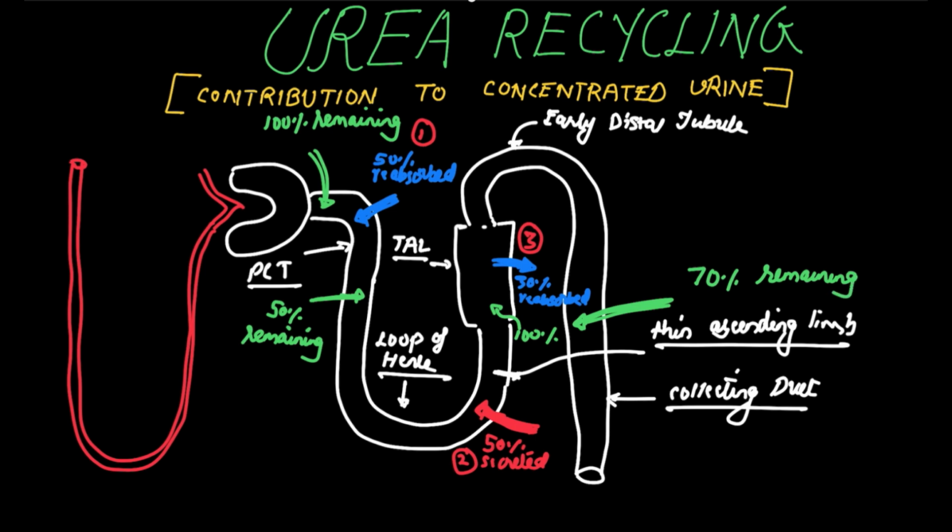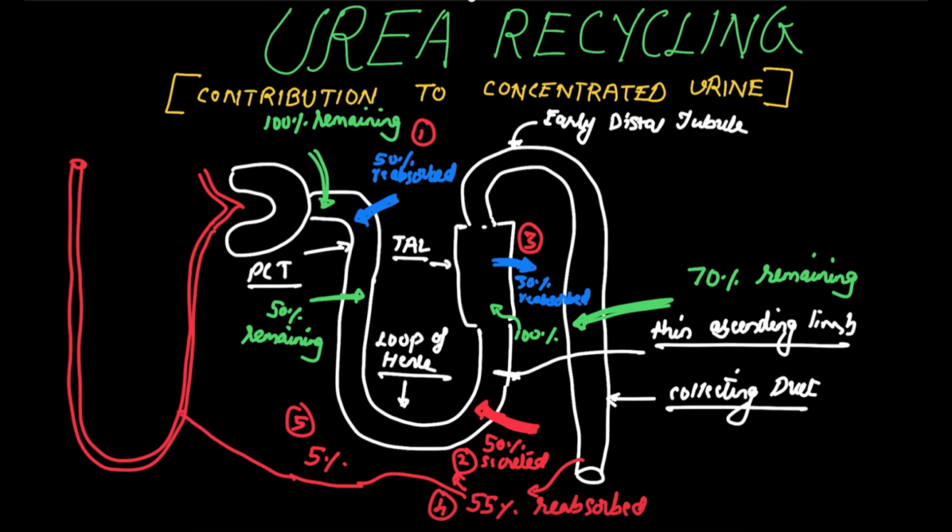Hence, 55% is then reabsorbed through the inner medullary collecting duct. The collecting duct also has two parts, outer medullary collecting duct and inner medullary collecting duct. And it is through the inner medullary collecting duct that 55% of the urea is reabsorbed, out of which 50% goes to the thin ascending limb through urea transporter UT-A2, and then 5% goes to the vasa recta to be recycled.